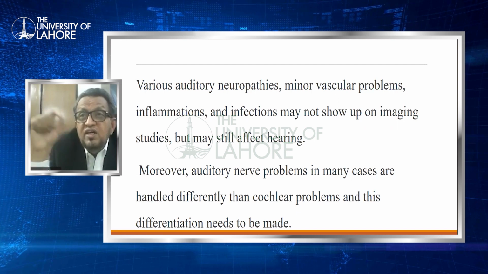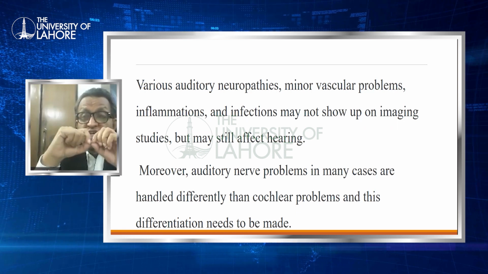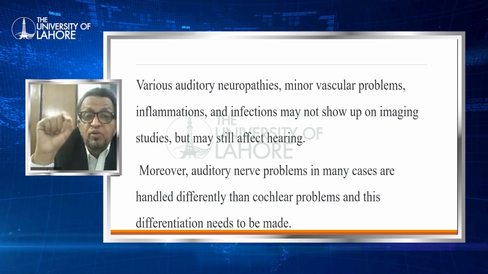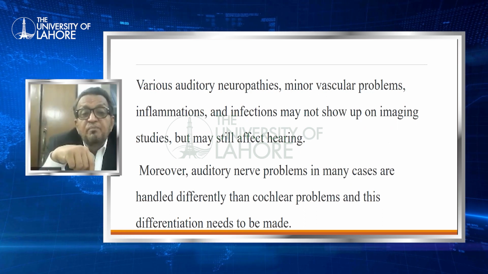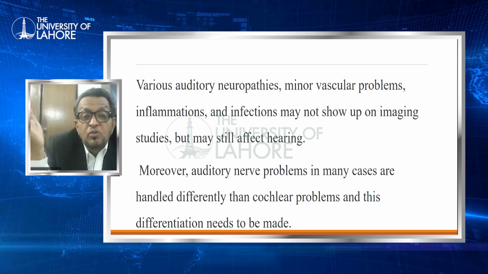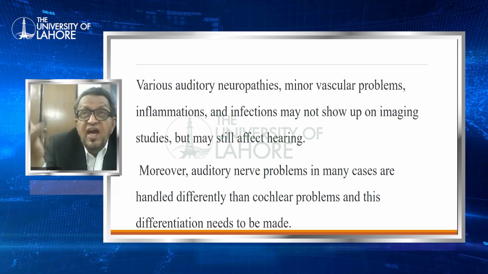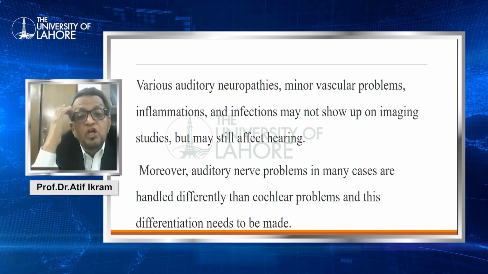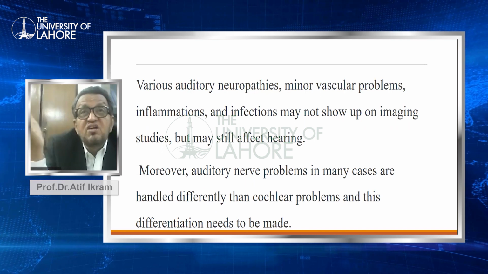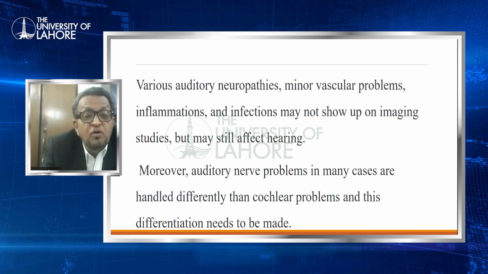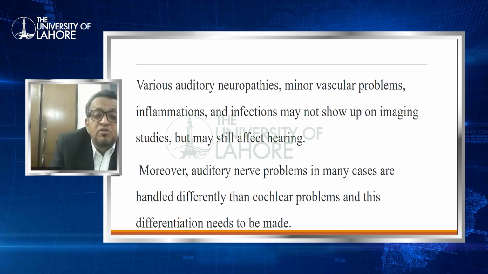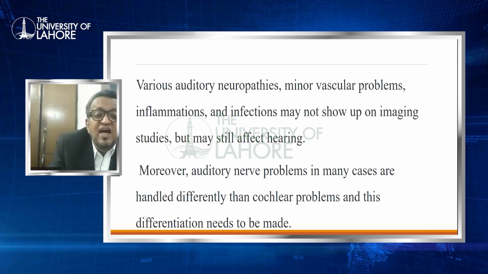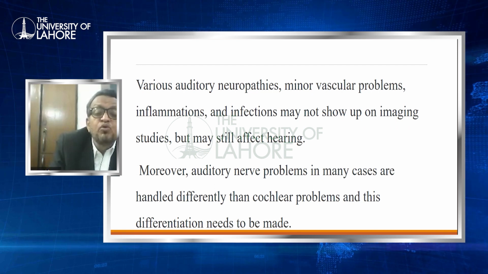In the same way, the electricity is not passing properly, and similarly sound is passing, but it's not passing properly. Minor vascular problems, inflammations, and infections may not show up on imaging studies, but may still affect hearing. So other problems. Moreover, auditory nerve problems in many cases are handled differently from cochlear problems.